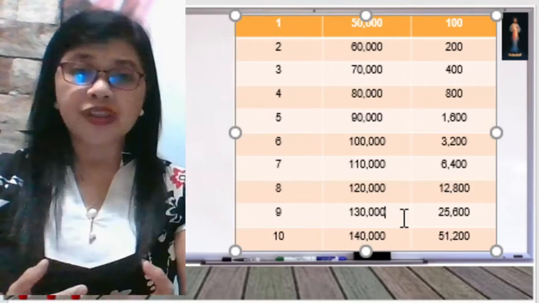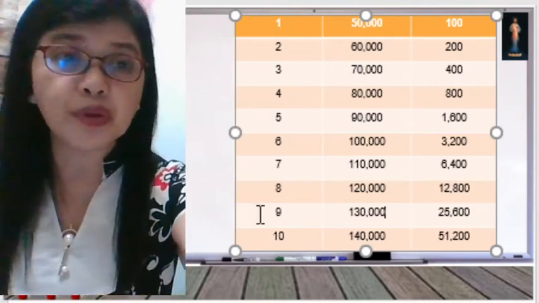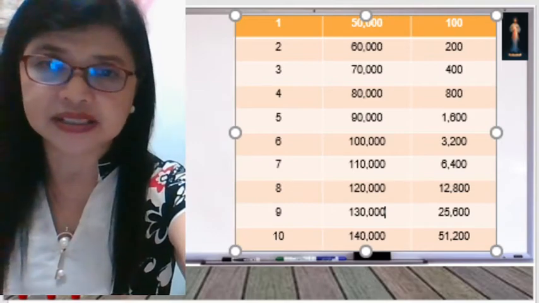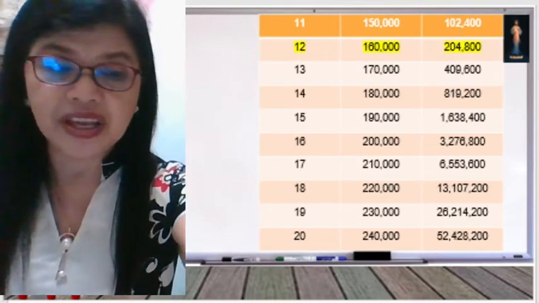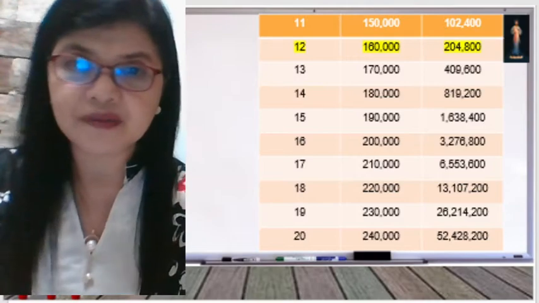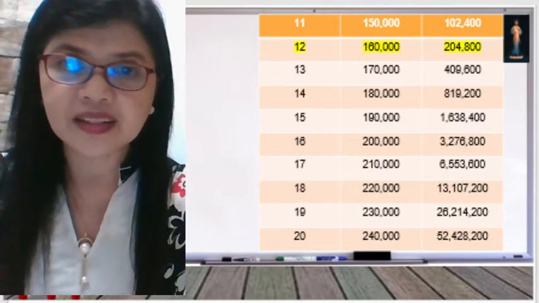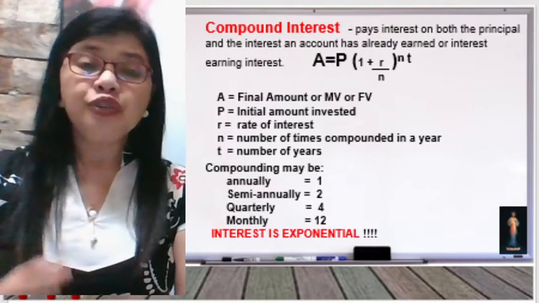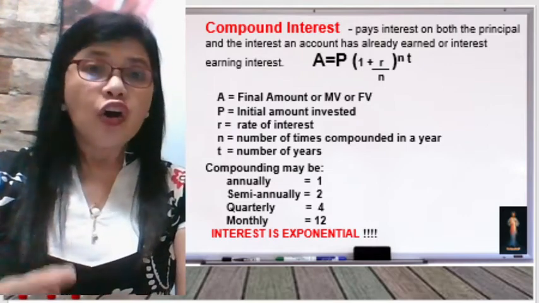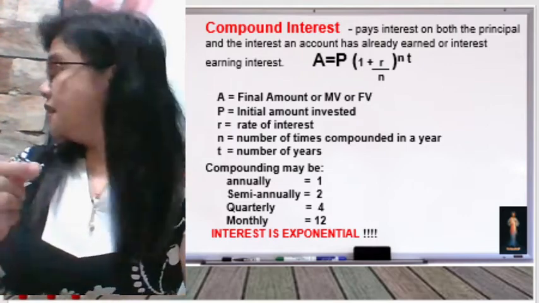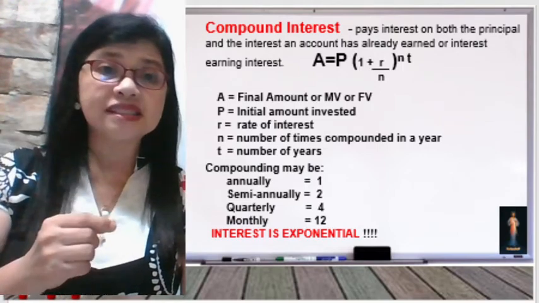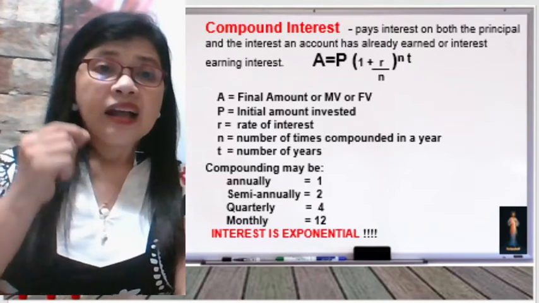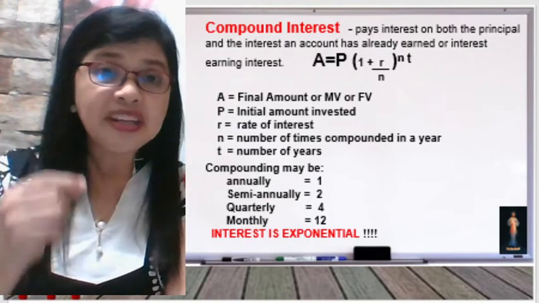So for further explanation, I will show you the formula for compound interest. Okay. So here it is. Here, compound interest says it pays interest on both the principal and the interest an account has already earned.